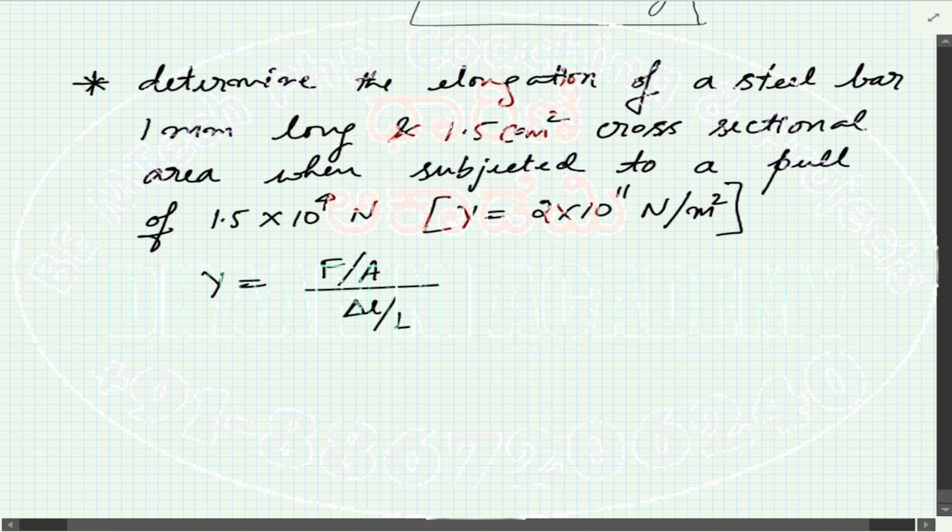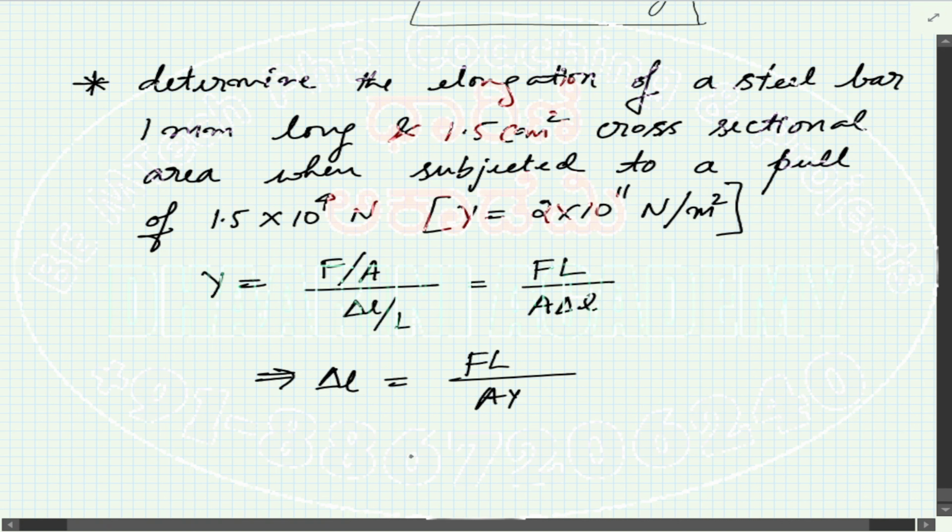So we can directly find out the delta L. Before that, let's simplify this. This becomes FL divided by A into delta L, that is Y. So if you want to calculate the delta L, that is the change in the length, this should be equal to FL divided by A into Y.